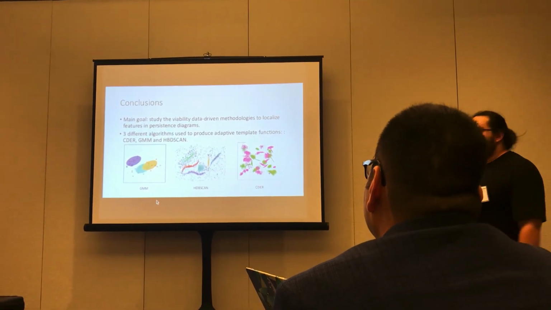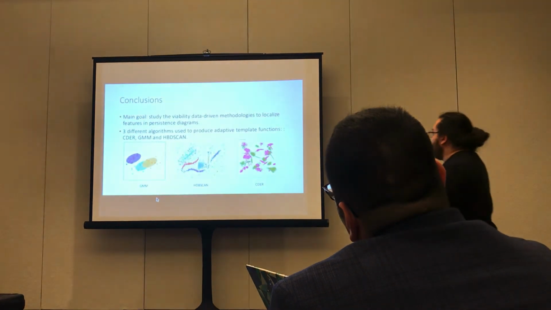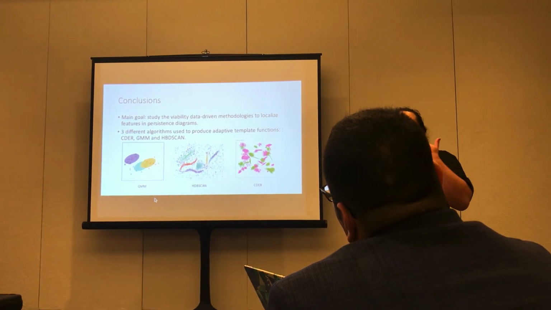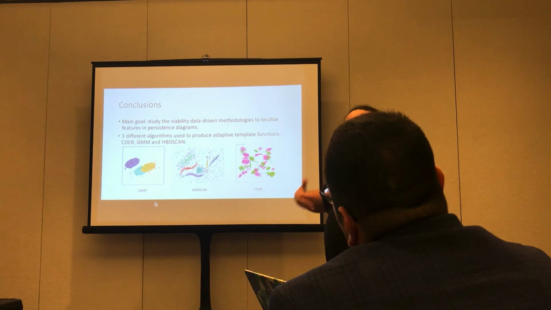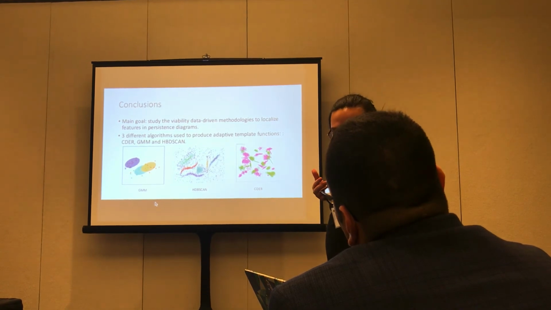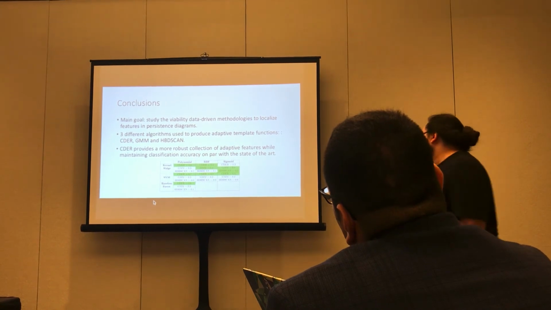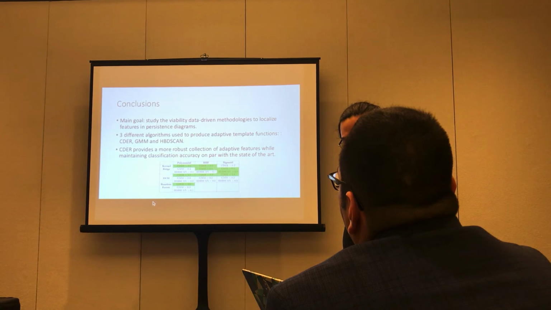We used different approaches to find these possible features, and as I mentioned before, we found that CDR is not only the most robust, but also the fastest to compute if you have a lot of data, as you expect from this type of problem. And this is the exact robustness result that I mentioned before.